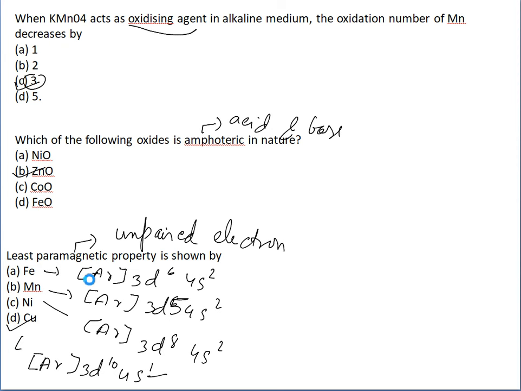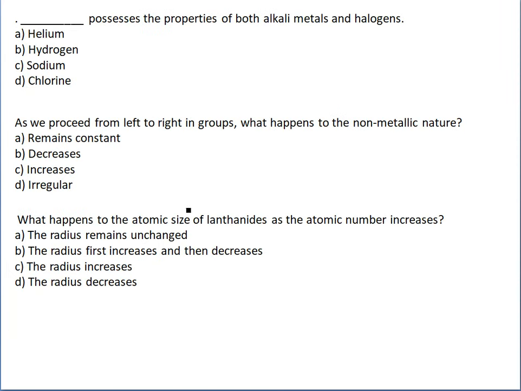Next question: possess the properties of both alkali metals and halogen. Helium, hydrogen, sodium and chlorine. We know that in outermost shell, hydrogen have 1s1, so it will show both the properties of alkali metals and halogen. The correct answer is hydrogen.